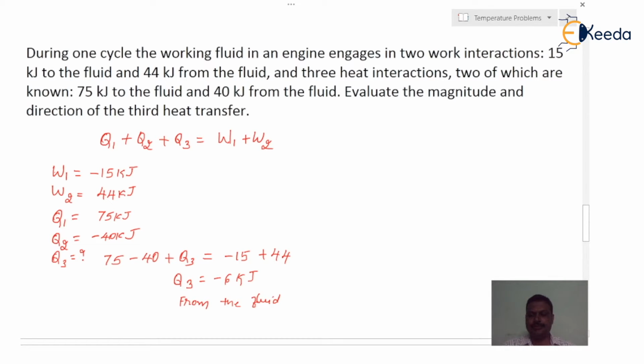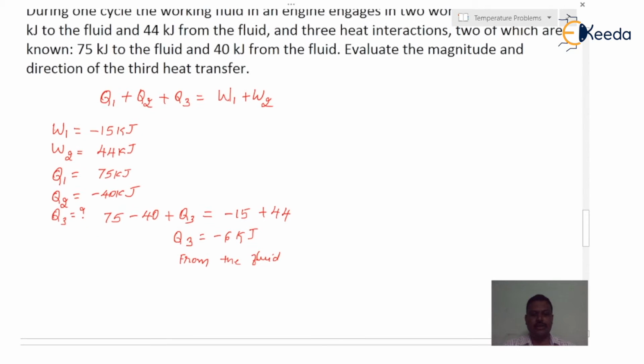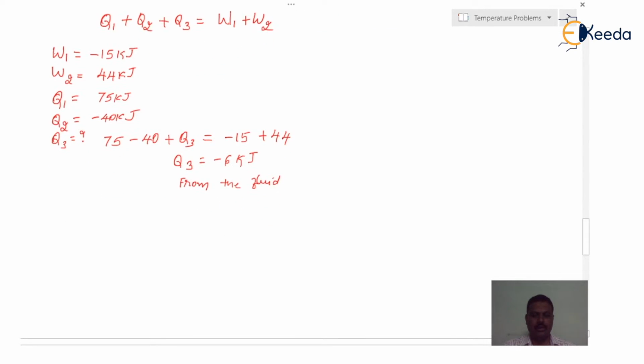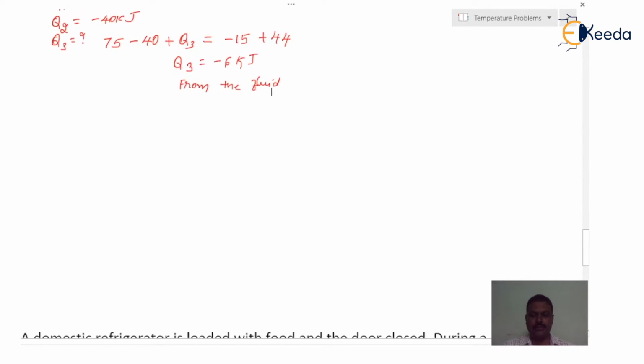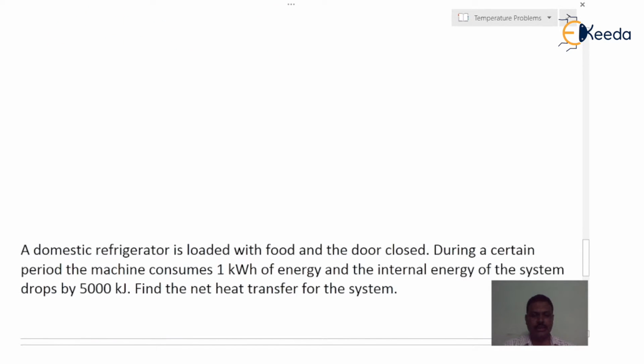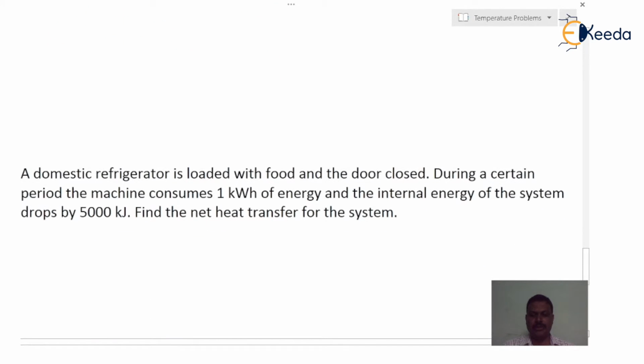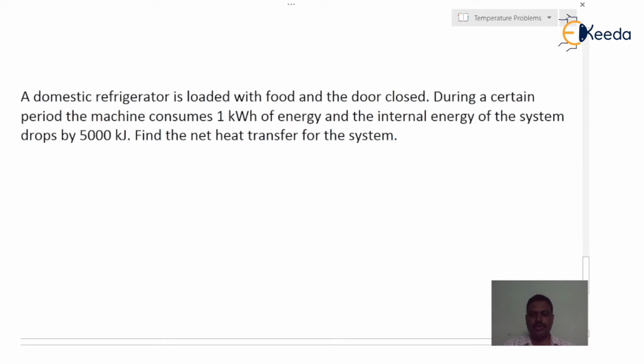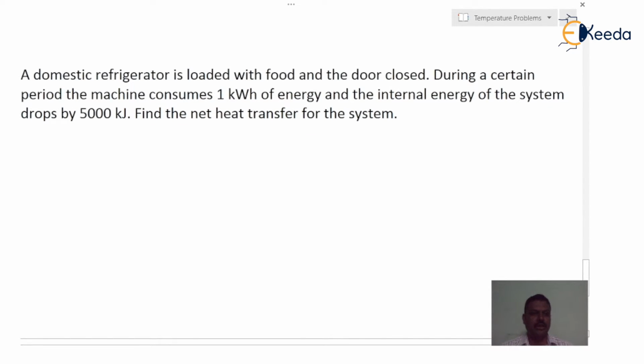Then in the next problem, that is once again on first law of thermodynamics applied to closed system. In this case, a domestic refrigerator is loaded with food and the door is closed.